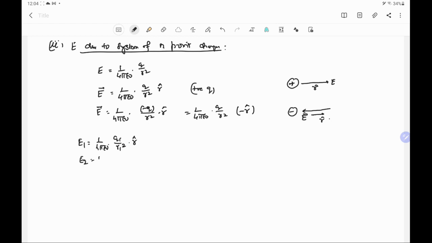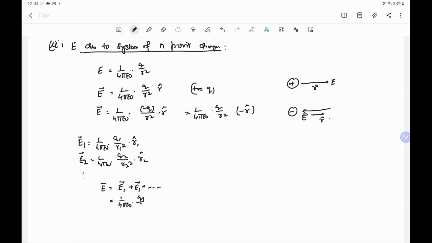Similarly, E2 is 1 by 4 pi epsilon naught Q2 by r2 square and radius vector r2, and so on. Then vector E will be equal to the sum of these vectors, E1 plus E2 plus and so on, and we will add them.